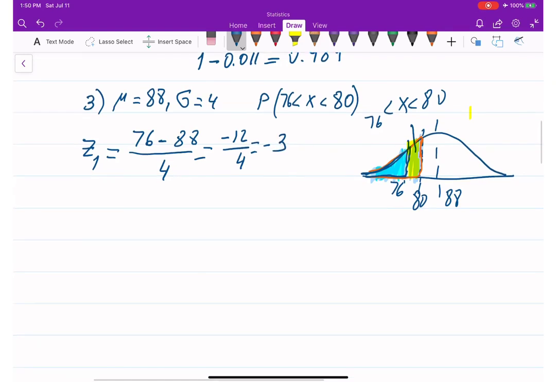Okay, then from there we need to go and find probability of z-score less than negative 3, right? Less equal negative 3. Which is going to be the same thing as probability of x is less than 76, yes?